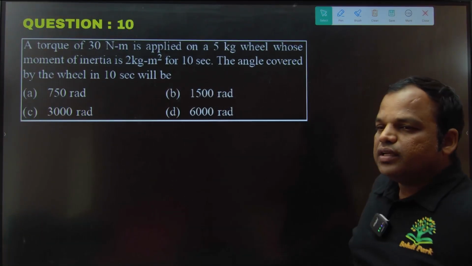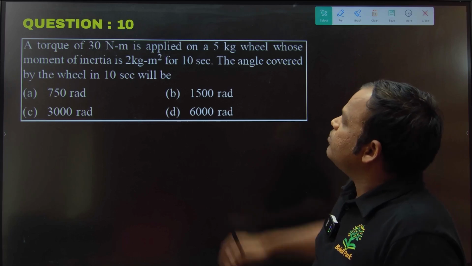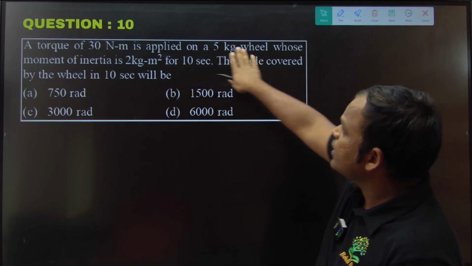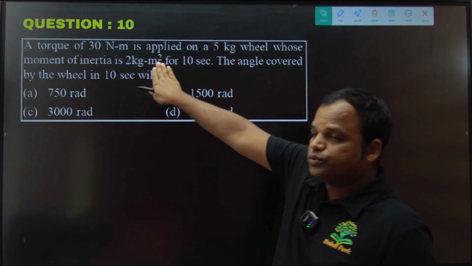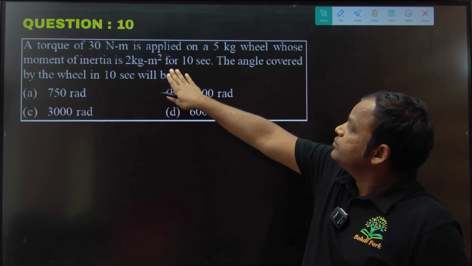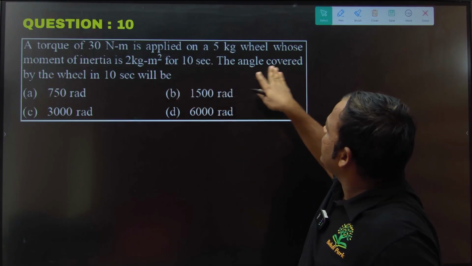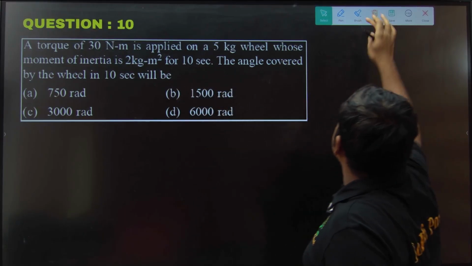Look at this question. A torque of 30 Newton meter is applied on a 5 kg wheel whose moment of inertia is 2 kg meter square for 10 seconds. Find the angle covered by the wheel in 10 seconds.